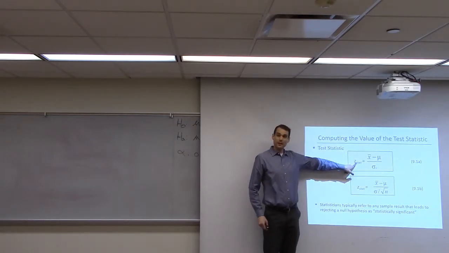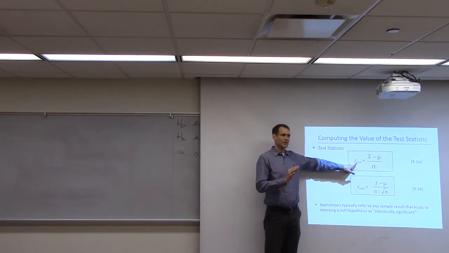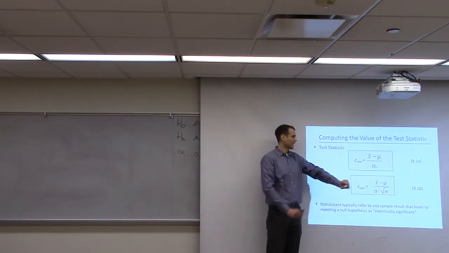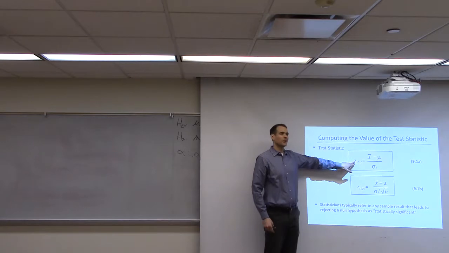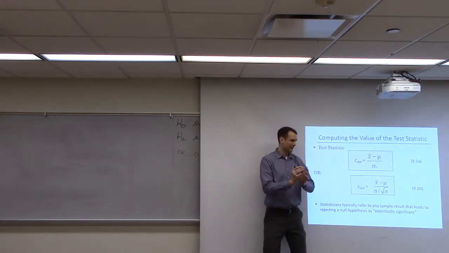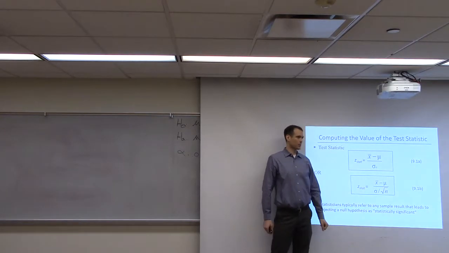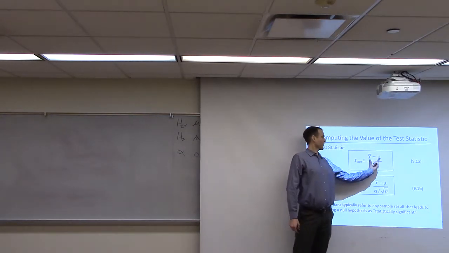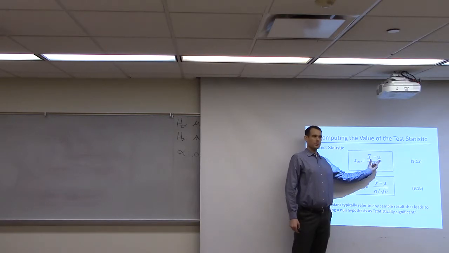Just like we assigned Evander Holyfield a z-stat for his height, we're going to assign your sample data a z statistic. And you're going to say, how likely is this sample data given that the null hypothesis is true? How far away is my sample data from the assumed population mean? And more specifically, how many standard deviations above or below is it?